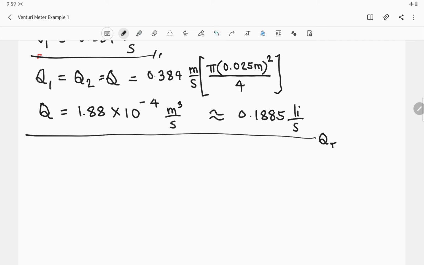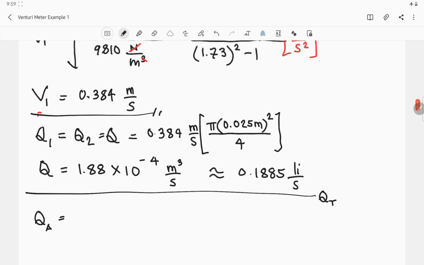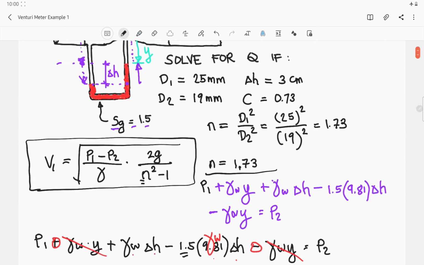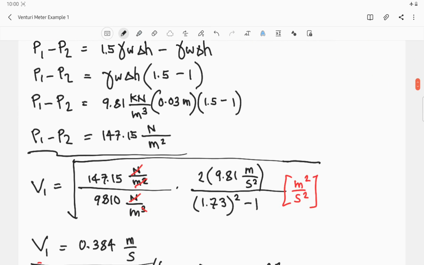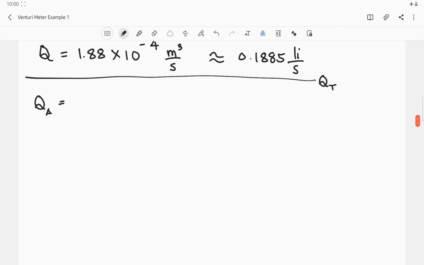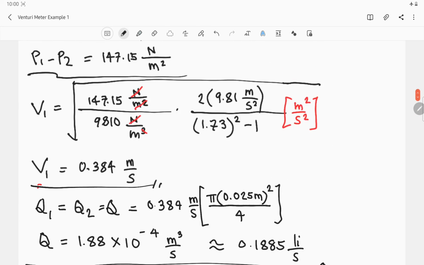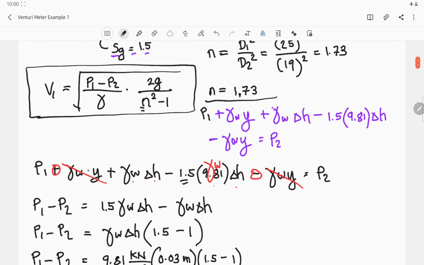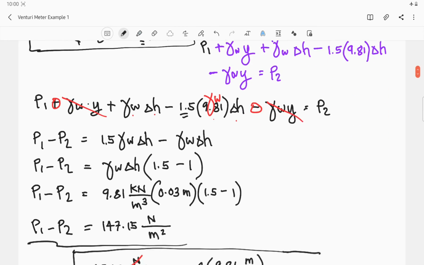So if we are going to solve for the actual Q, we multiply the theoretical Q by the constant C, 0.73. So 0.1885 times 0.73.